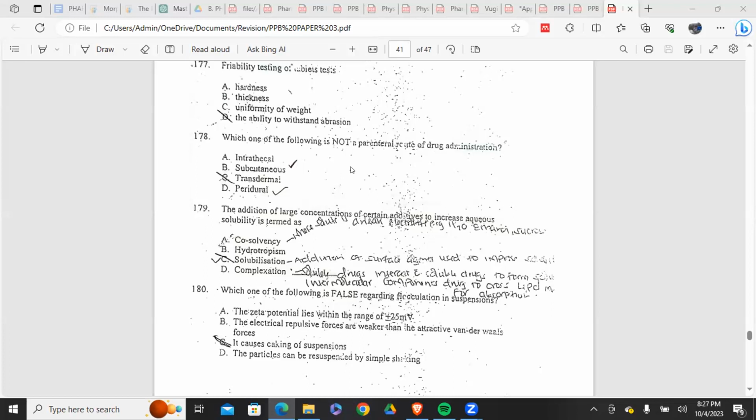So bado tunaenda na transdermal. Examples of parenteral and transdermal is not one of them. Ukisearch, IM, IV, peridural, intrathecal, describe peridural as an injection into the dura. So that sort of falls under parenteral.